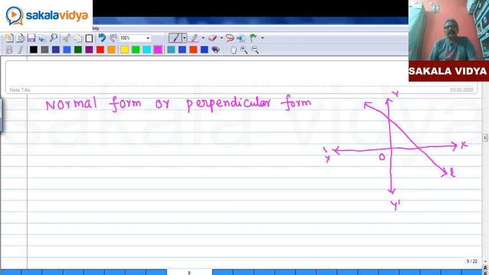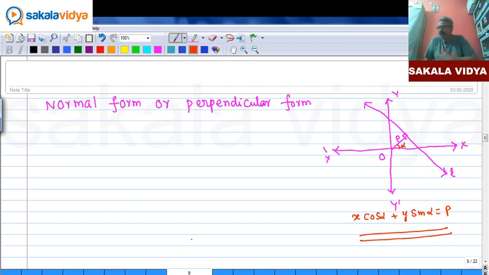The perpendicular distance from the origin to this line is P, and this perpendicular makes angle alpha. Then the equation of the line is given by x cos alpha plus y sin alpha equal to P. This is called the normal form or perpendicular form.